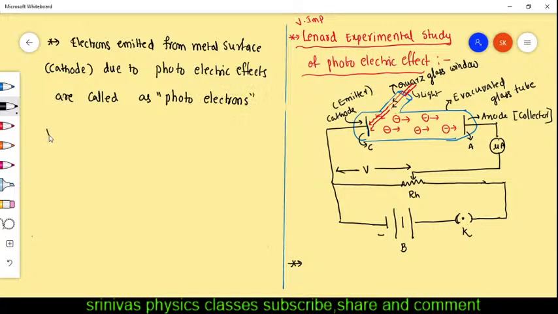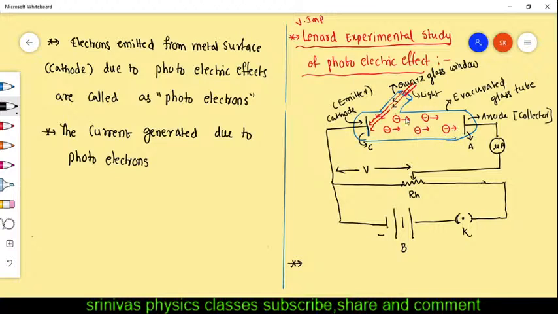And one more point I will give. The current generated here, the current passing in the circuit, is due to the photoelectrons. The current generated due to photoelectrons is called photocurrent.